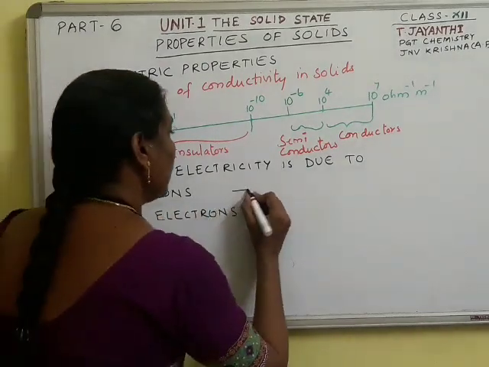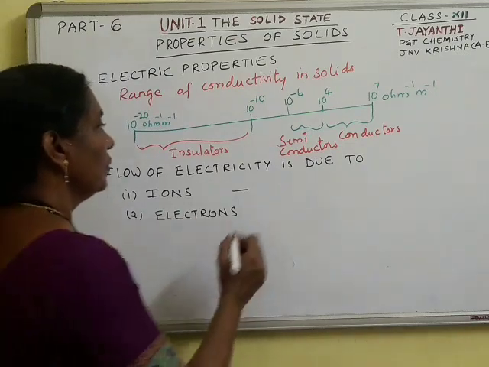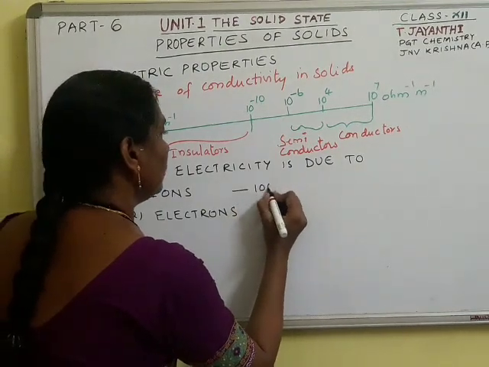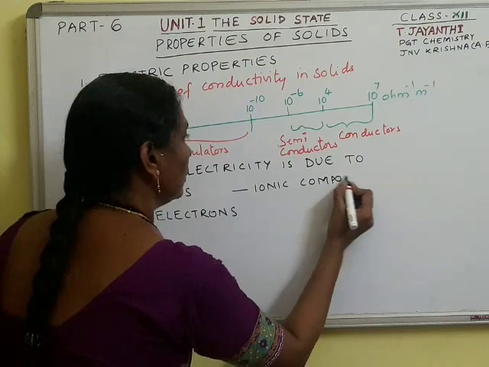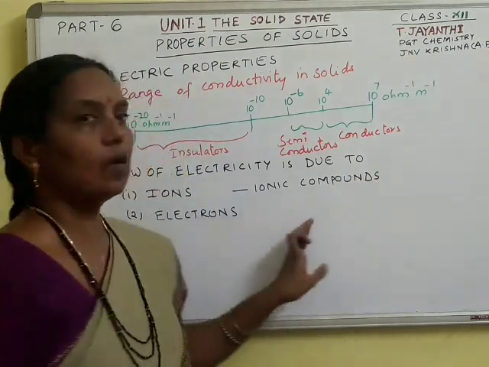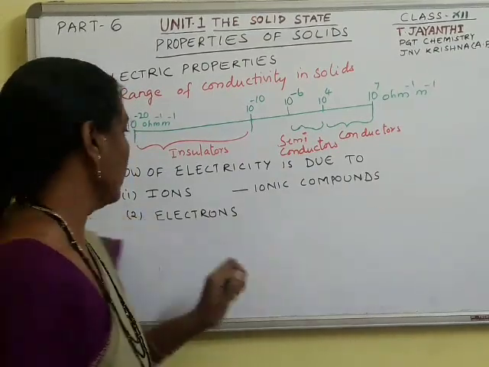Now, if ions are the cause for the flow of the current, then that substance should be ionic compounds, and the movement of the ions will take place in the solution.